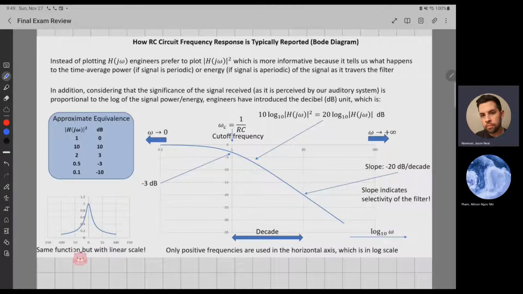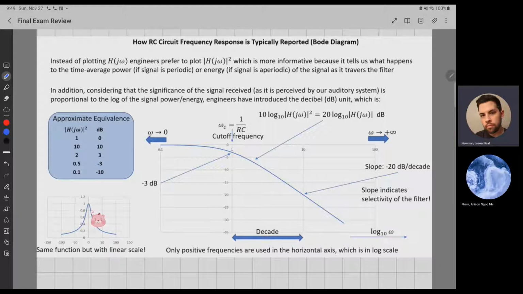This is interesting because if you look at this function right here, this is what it would look like with a regular linear scale on your x-axis. So you can see why the Bode diagram is so useful, because you can really zoom in and see what's actually happening. It would be hard to analyze these upper portions right here.